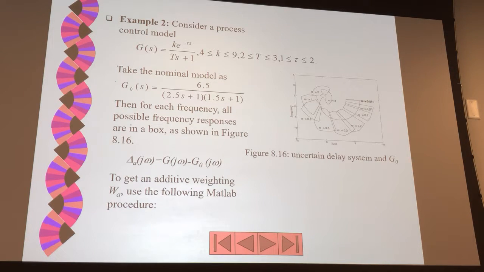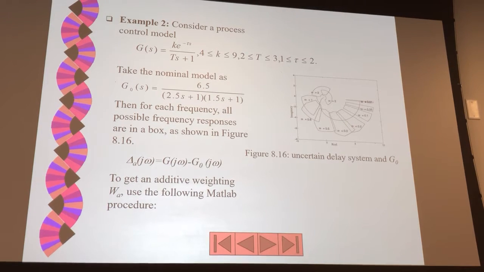So in this case, we can do the additive part. So it's the original model minus this one. We try to use additive weighting WA. So how can we get this real and imaginary part to see the coverage of the uncertain delay system and a nominal system?